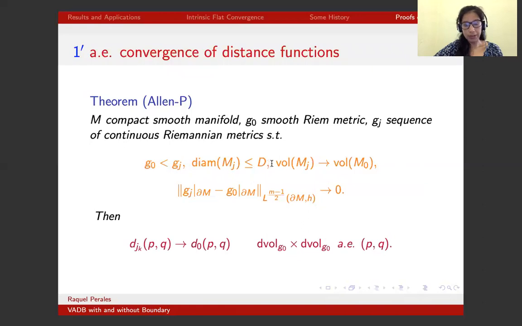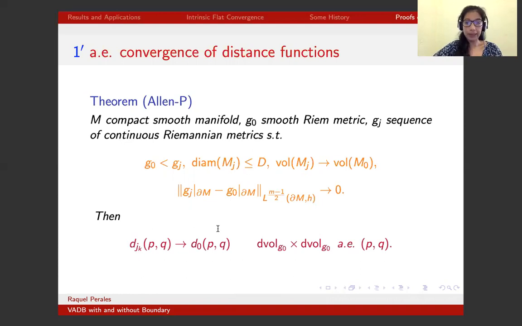We have the diameter bound, the volume convergence, and we require the convergence of Gj minus G0 restricted to the boundary in the Lm minus 1/2 norm to 0. And then we conclude that up to a subsequence, djk converges to d0 pointwise almost everywhere.